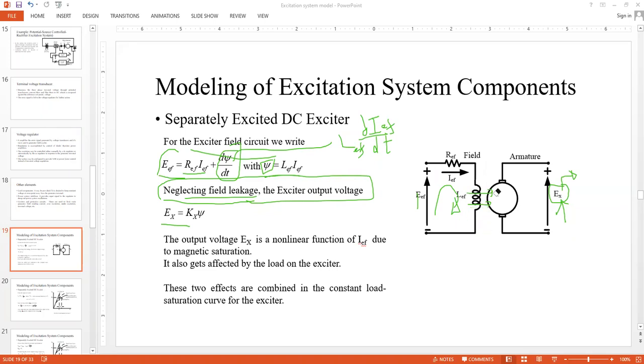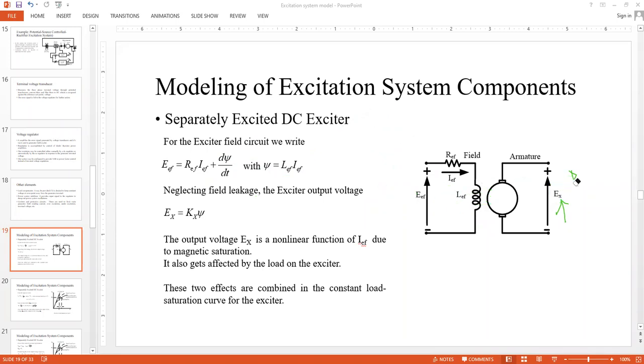All of the flux is linked with the armature conductors. If that is the case, then we can simply write EX, the output voltage of the exciter, is KX into psi. We'll look into KX probably later on.